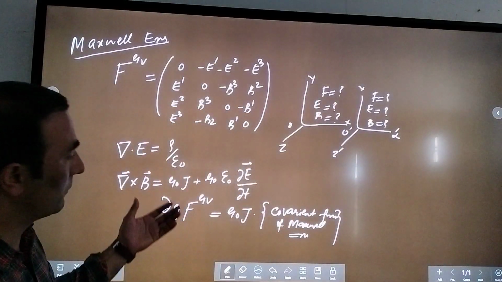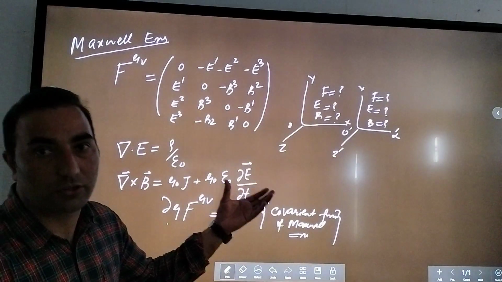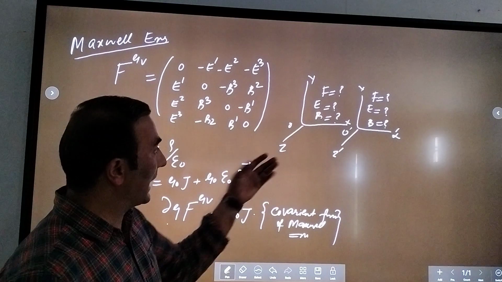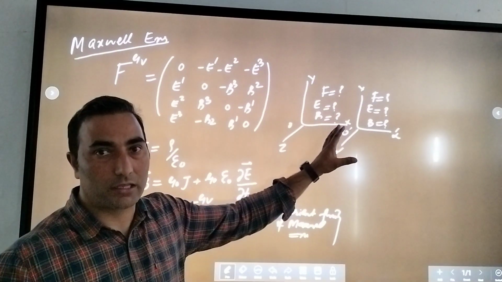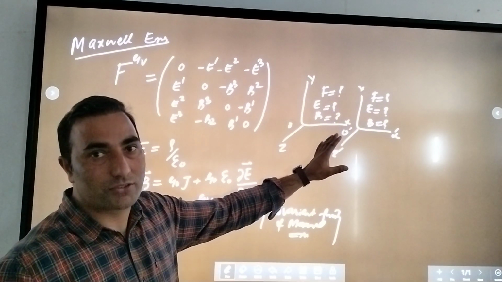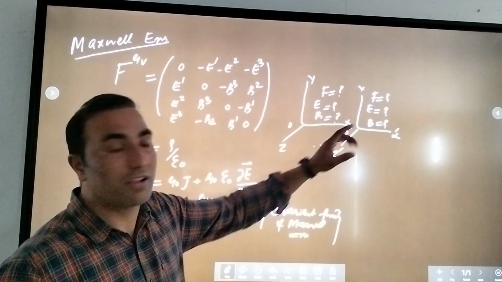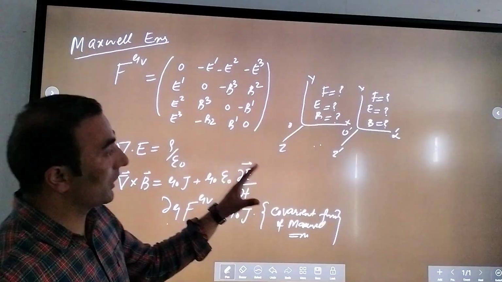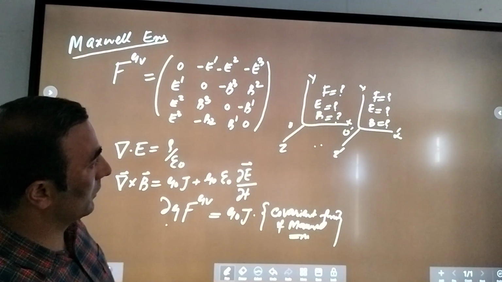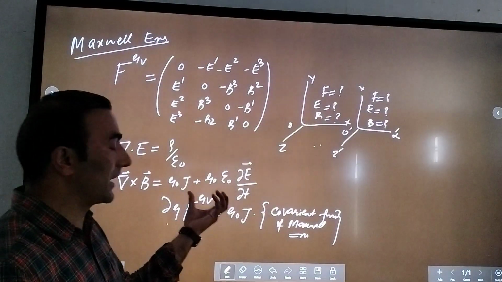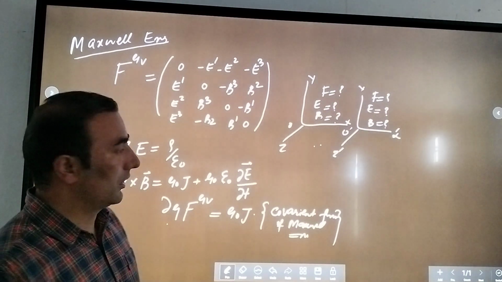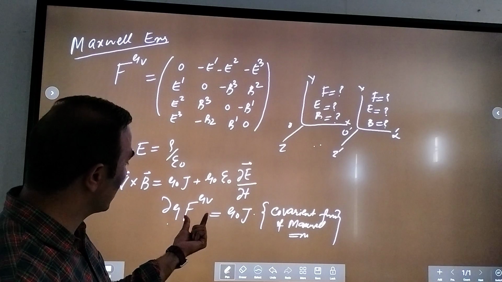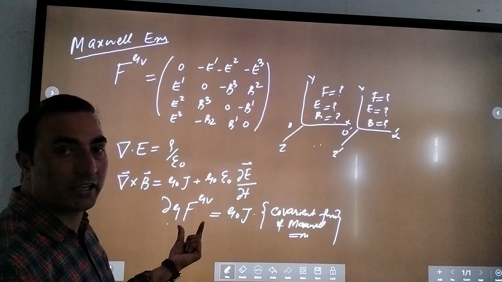So therefore, for example, we are talking about inertial frames, right? If we calculate the electric field in the first inertial frame, it is not necessary that it has the same value in the other frame. So this is very important, right? In order to get the same value of E and B so that they remain invariant under the transformation, we define them in terms of this electromagnetic field tensor.